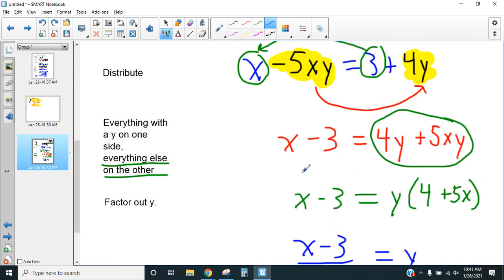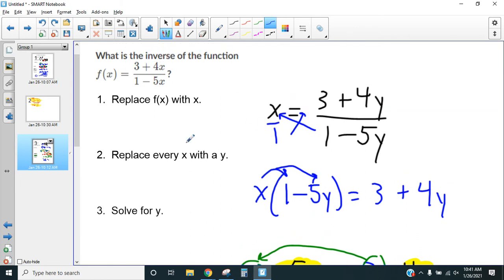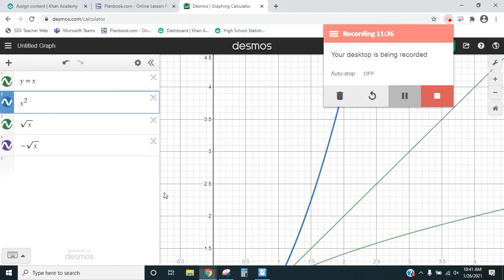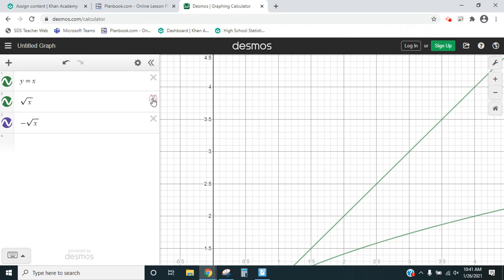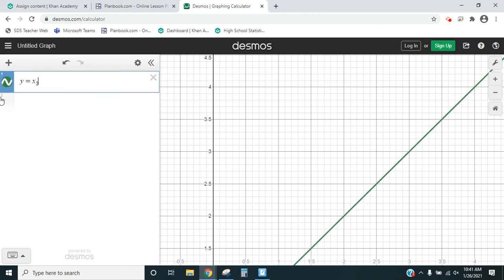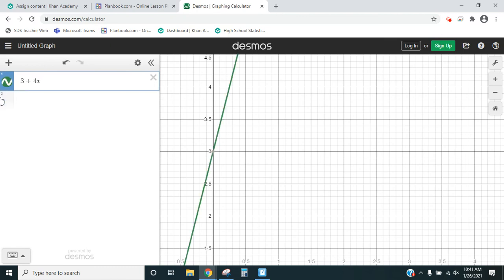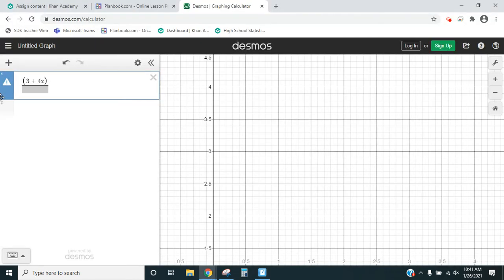You want to see what it looks like when we graph them both? Okay, so 3 plus 4x. Let's graph it. Oh my gosh, what the heck did I do? 3 plus 4x. Over 1 minus 5x.